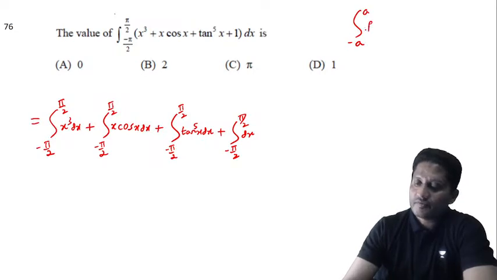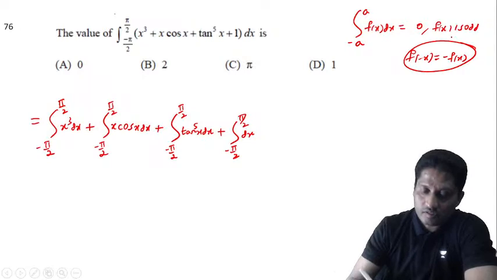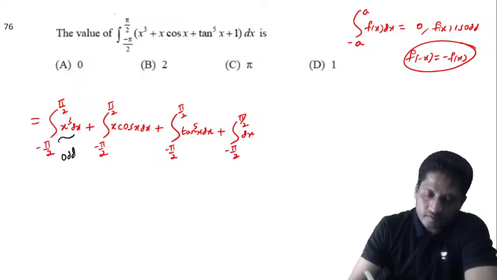See, this is a property, right? Minus a to plus a f of x dx is equal to 0 if f of x is odd. Odd function means f of minus x should be equal to minus f of x. It's an odd function. So this is odd. x cube is an odd function. x into cos x is an odd function. Tan power 5x is an odd function.